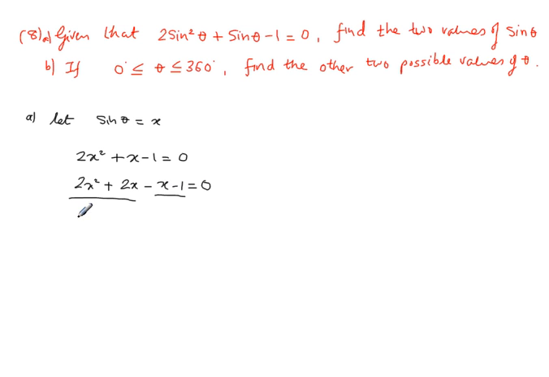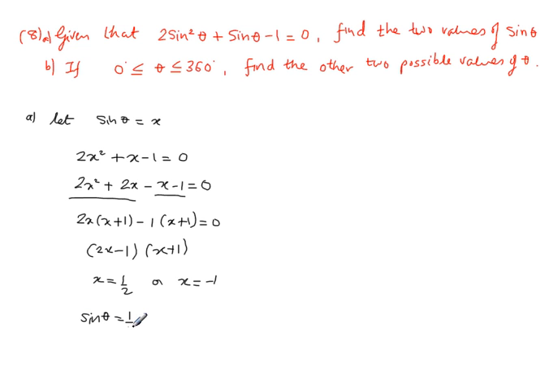Split the middle term, 2x, x plus 1, take minus 1 common, x plus 1. So that means your 2x minus 1, x plus 1. So x is equal to half or x is minus 1. That is your sine theta. So sine theta is equal to half or sine theta is equal to minus 1.